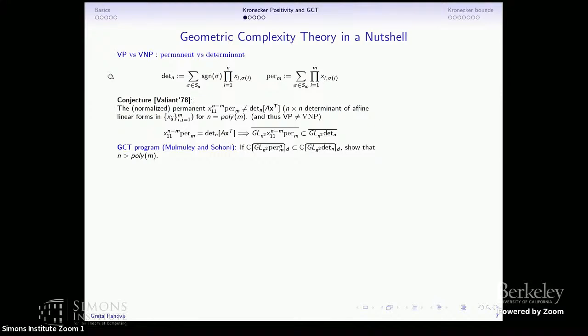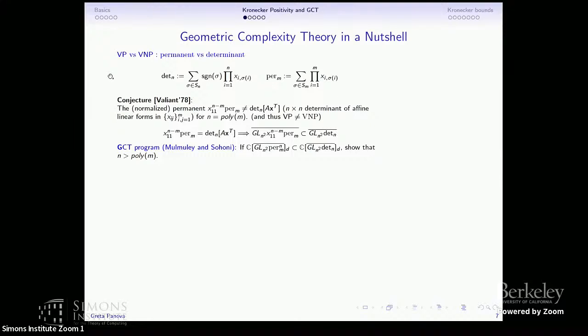So expressing the permanent as the determinant of an affine linear matrix, we might as well take the orbits acting with linear forms on these polynomials. In this case, the general linear group of size n squared, because we have n squared variables. So don't be confused that there are n by n matrices here, but we are acting on the variables of the matrix, so n squared.